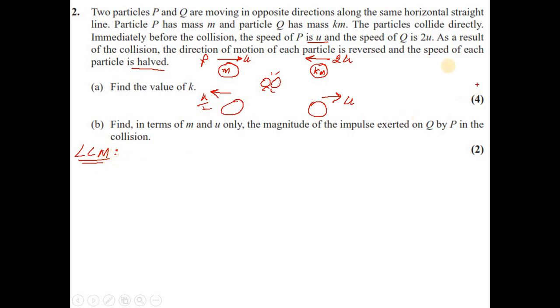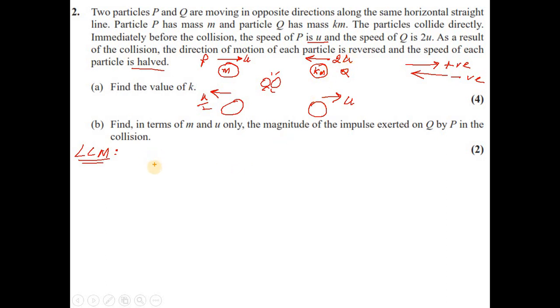It's your choice whether you take rightward direction as positive, and then leftward will be negative, or vice versa. I am using rightward as positive, leftward as negative. That means the momentum for particle P before collision, mu, is positive, and the momentum of particle Q, which is leftward, is 2kmu, negative.